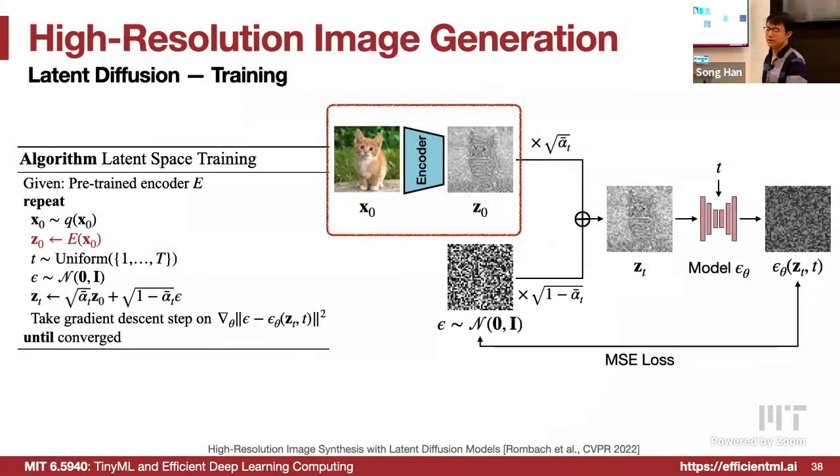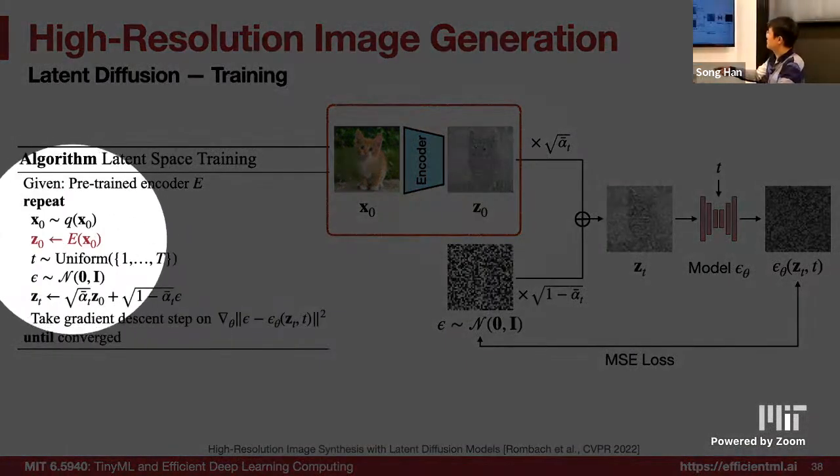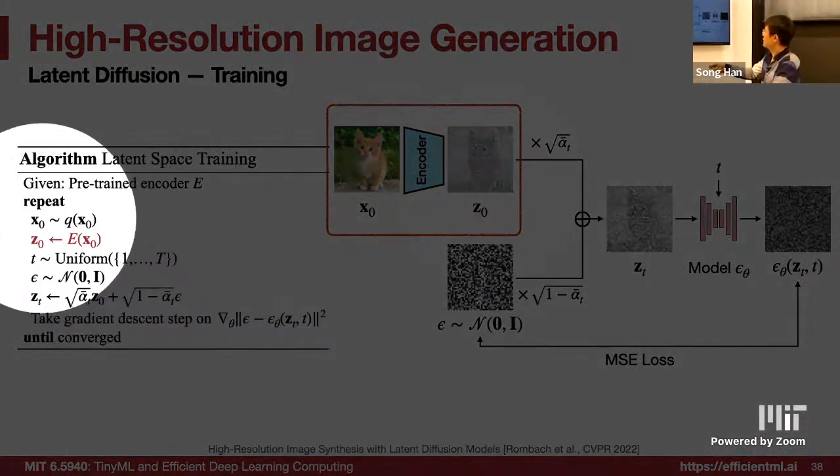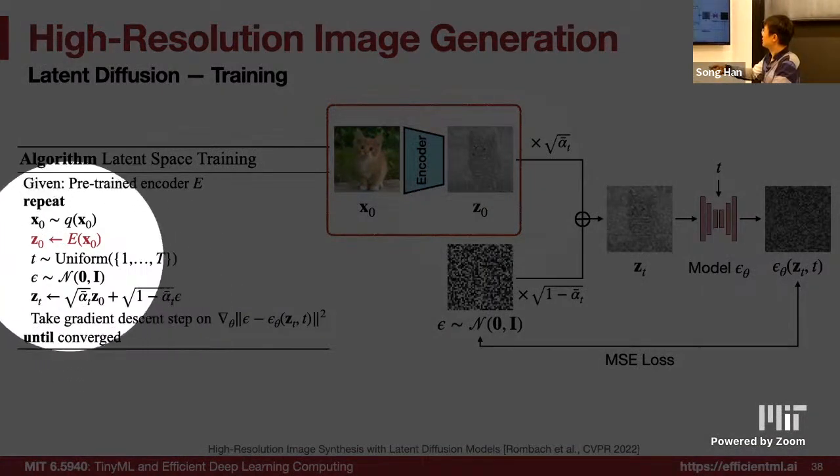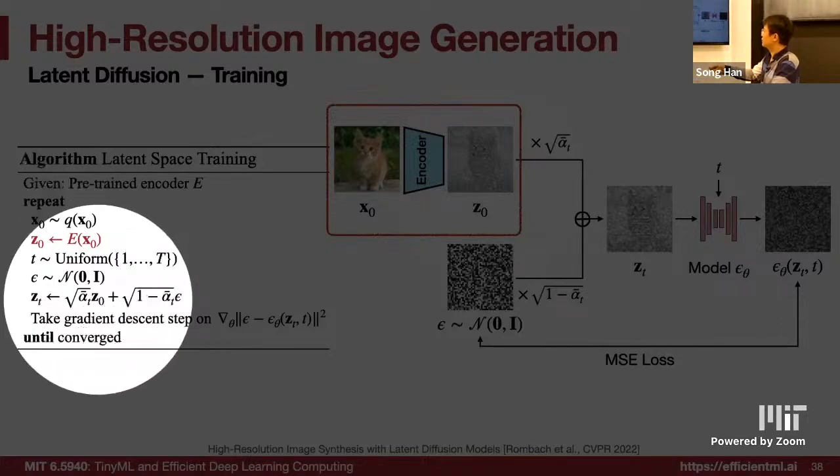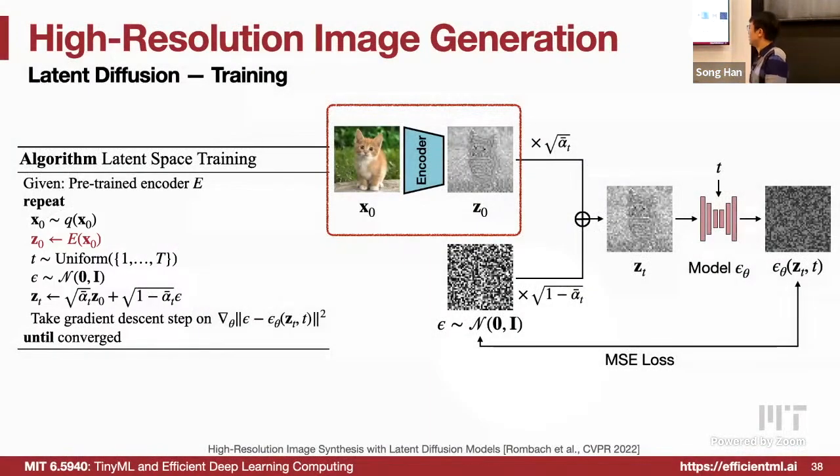The only difference is that rather than directly feeding x0 to the model, we feed x0 to an encoder and get z0, and feed the z0 to the model to predict the noise. And z0 is in the latent space, which has a much smaller resolution.